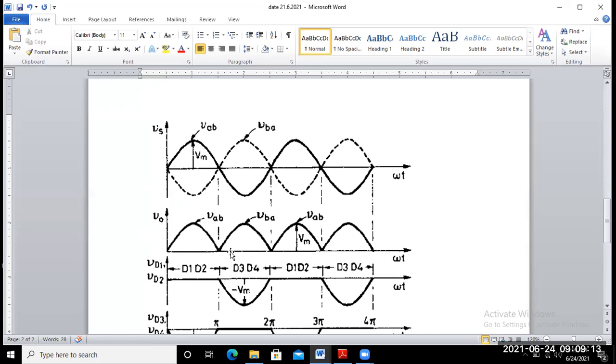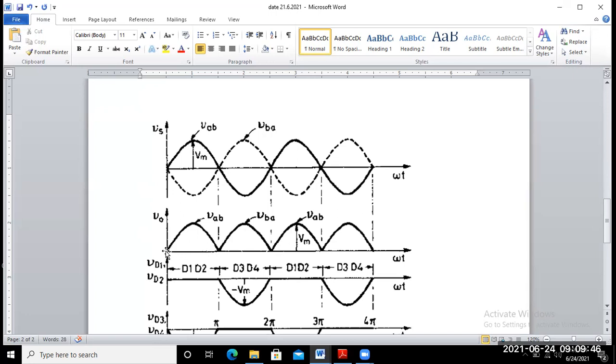From pi to 2 pi, the negative half cycle, the voltage appearing in the output is represented by VBA. This waveform is repeated after the same interval of time. Again VAB appears, and after that from 3 pi to 4 pi VBA appears. So this is the output voltage waveform.